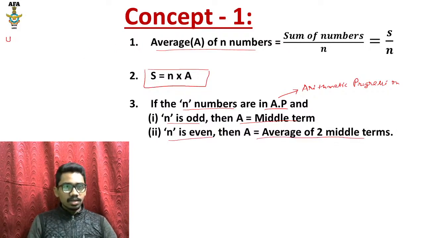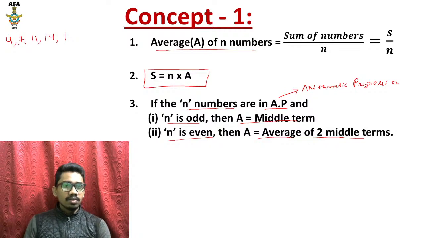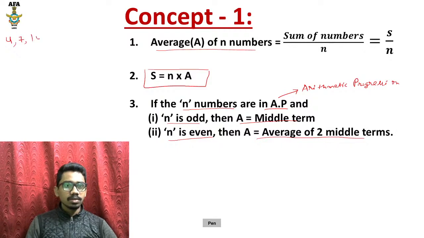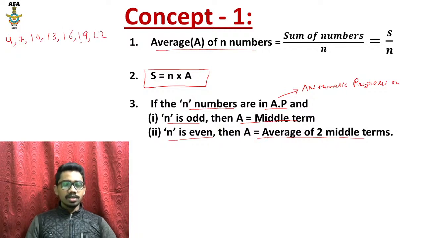See, if there is a series 4, 7, 10, 13, 16, 19, 22. What can we see in this series? 4, 7, 10, 13, 16, 19, 22.